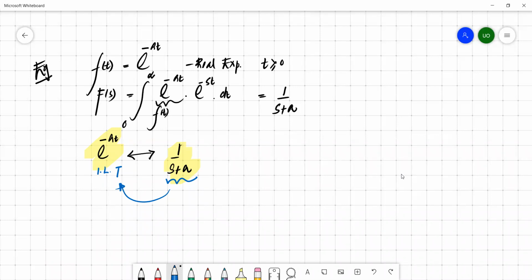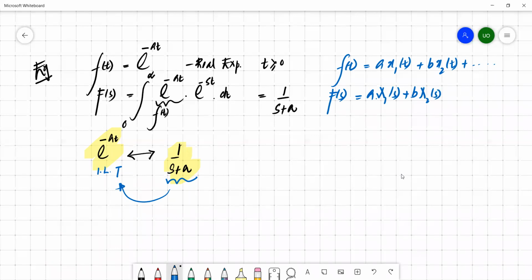Like if you have a linear sum of different time domain quantities, for example, if you have f(t) defined as a x1(t) plus b x2(t), then if you map it to the S domain, if you take the Laplace transform, it equals a times X1(s) plus b times X2(s).